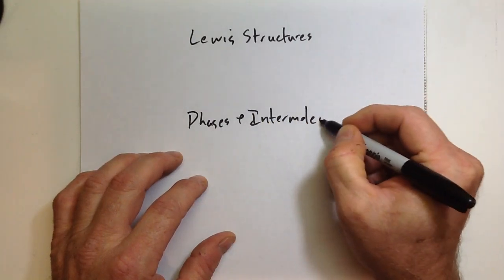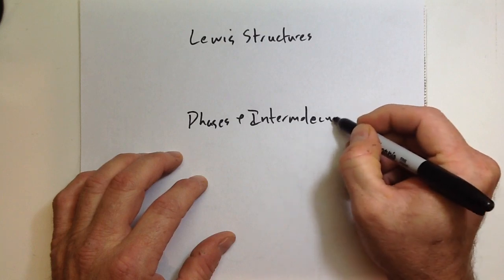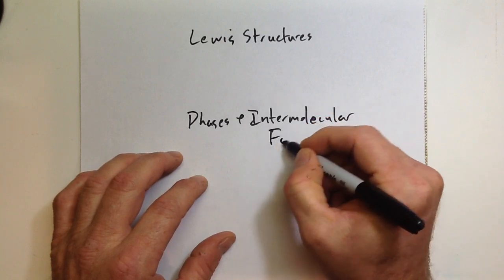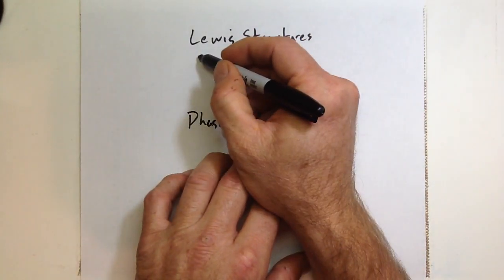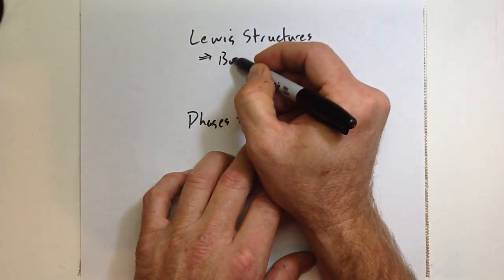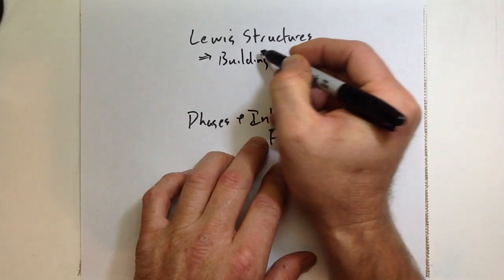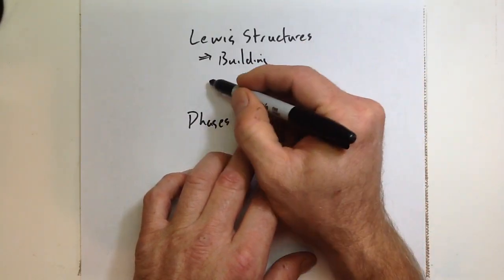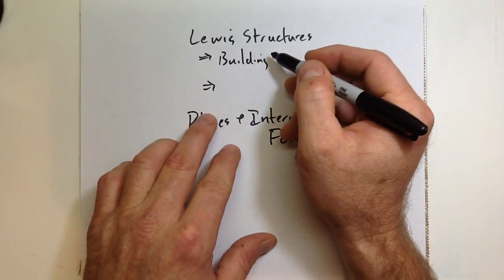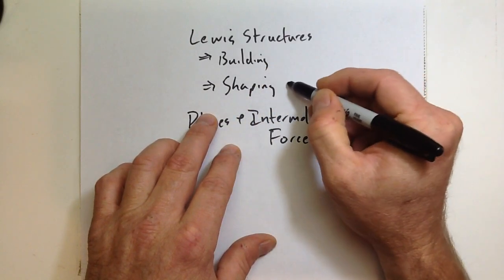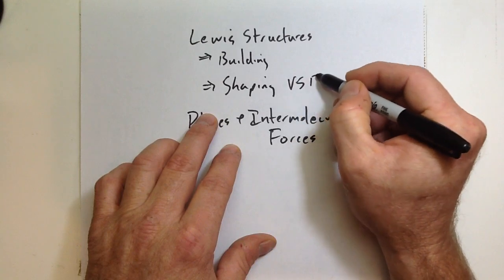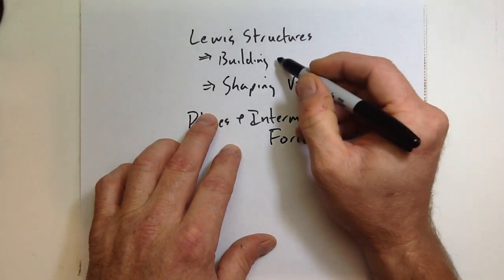How a molecule looks relates to the forces between them. The first thing this video is going to touch on is building Lewis structures. After this video we'll have one on shaping them according to VSEPR theory, valence shell electron pair repulsion.